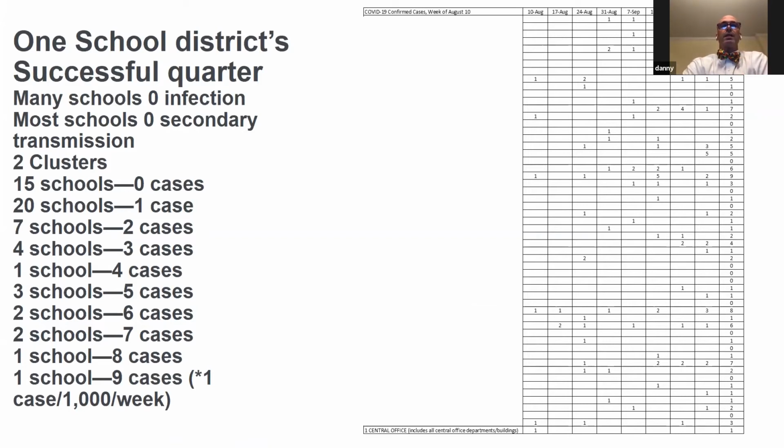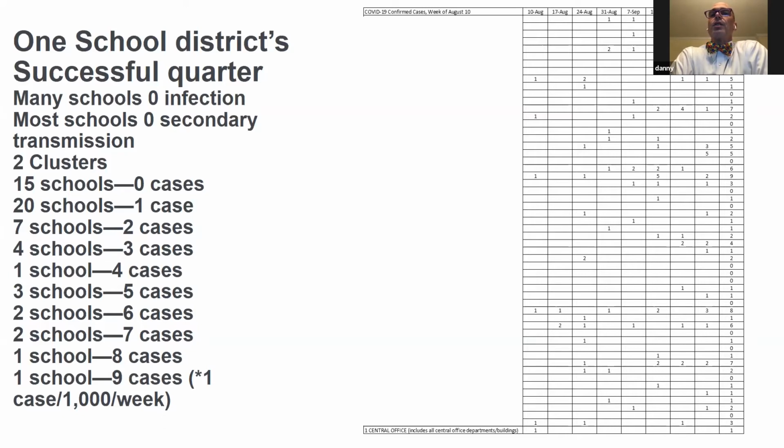So this is a story really about a successful school district. And although these data are publicly available, we've blocked out the names of the school because there's so few cases. We don't want to call any particular school or have any potential for identification here on this call. These data are publicly available on a school district's website.